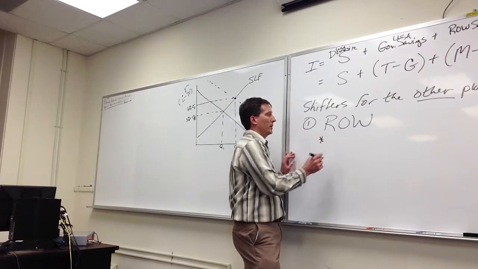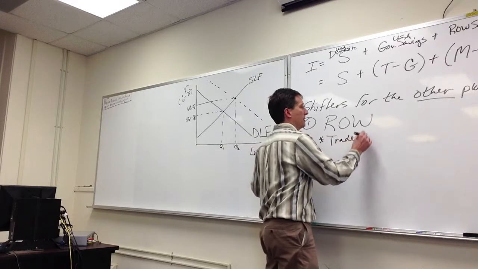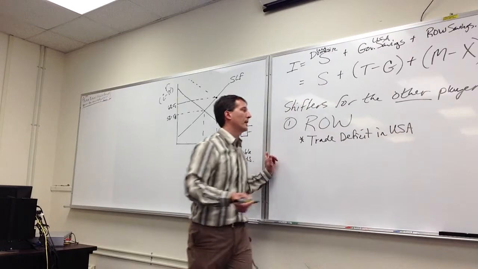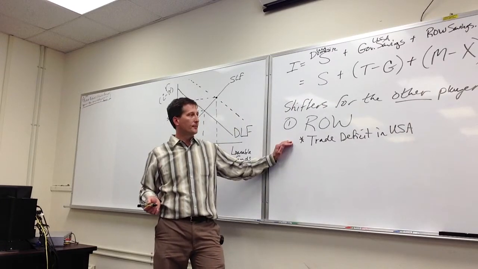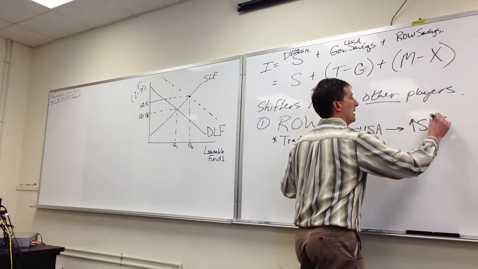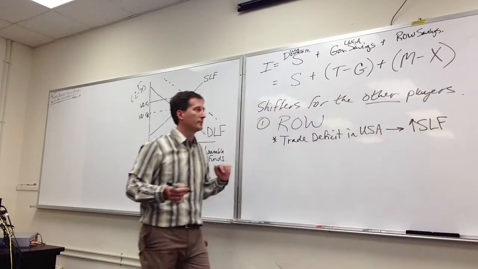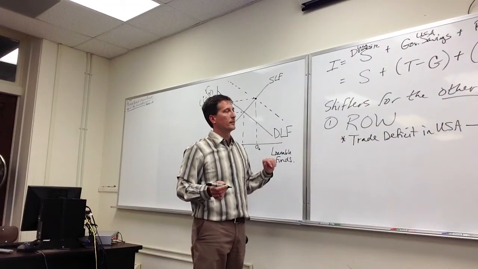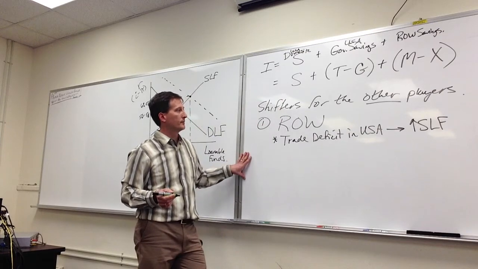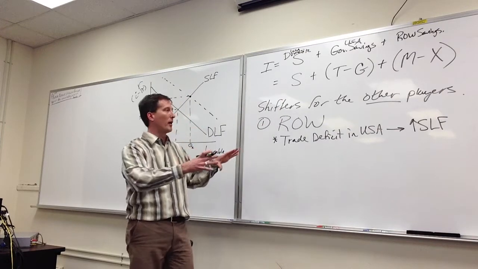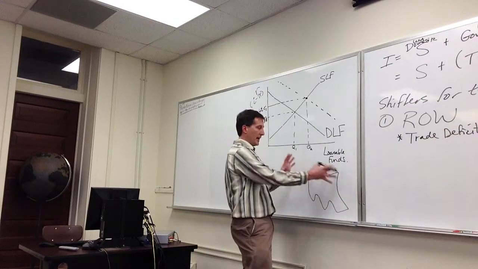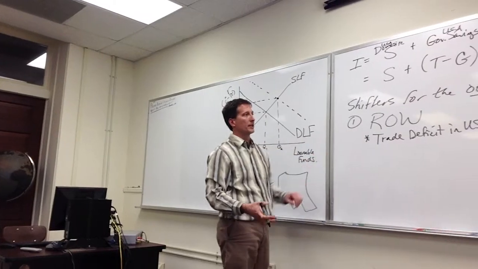So with the rest of the world, a trade deficit in the United States leads to an increase in the supply of loanable funds. If we allow them into our island to be part of our system, if we let outsiders in, that would be the effect of a trade deficit.